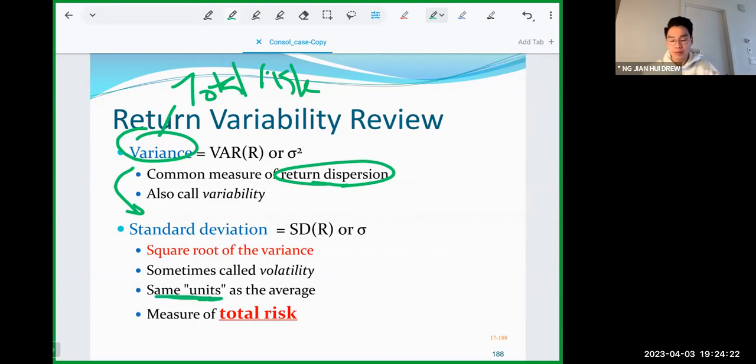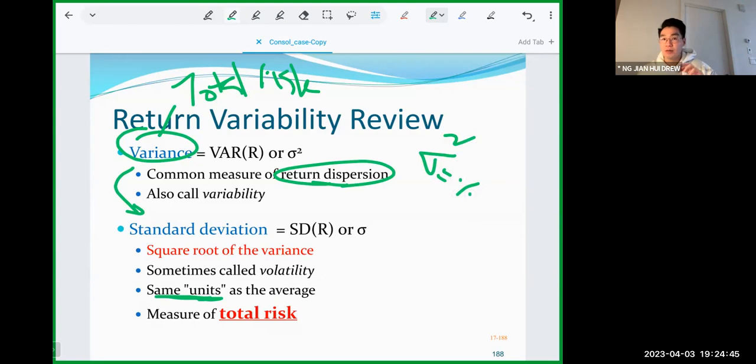Basically, variance is sigma square. Later we will see the formula to calculate it. But the idea is that it's sigma square, meaning what? The units you calculate out will be percent, because remember we're calculating returns. What is the variability of the returns?